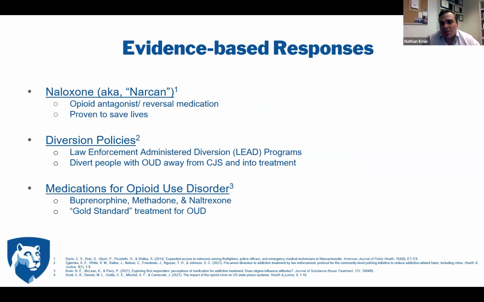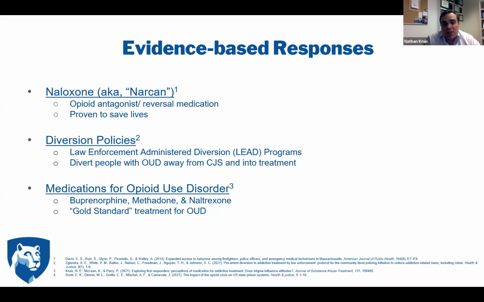Fortunately, the responses to this crisis have been a little different than the responses that we've seen to previous drug crises. We've seen the implementation, the adoption, and the use of more evidence-based responses, such as having officers and other first responders carry and administer naloxone. We've seen the implementation of different diversionary programs and policies used by law enforcement departments, where instead of arresting individuals, they divert them into substance use treatment instead.